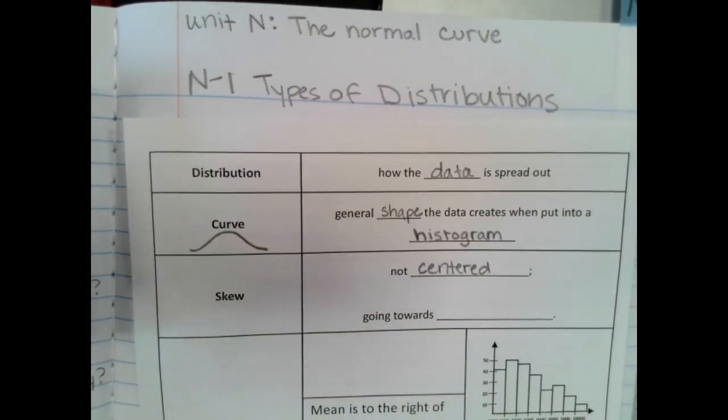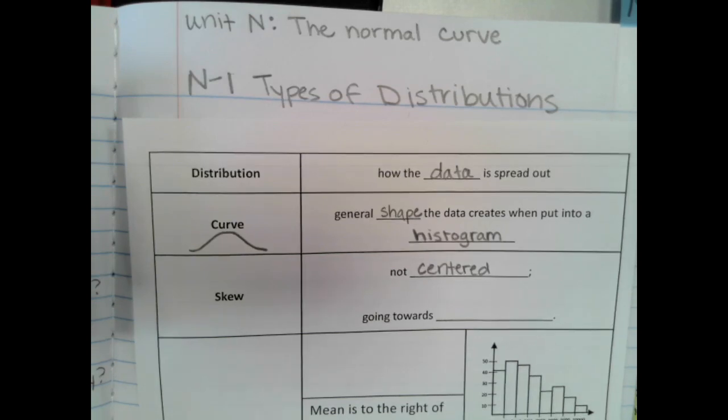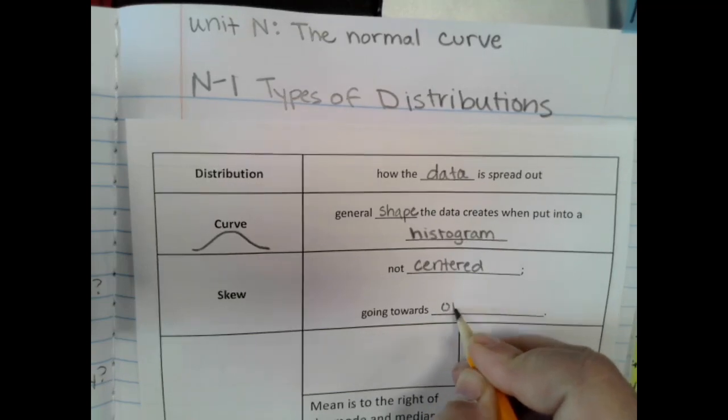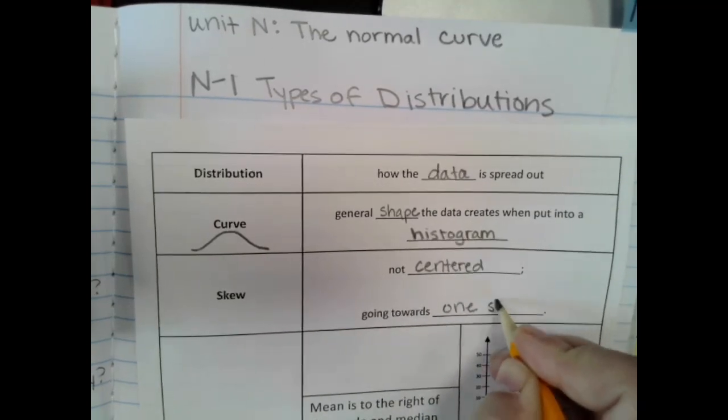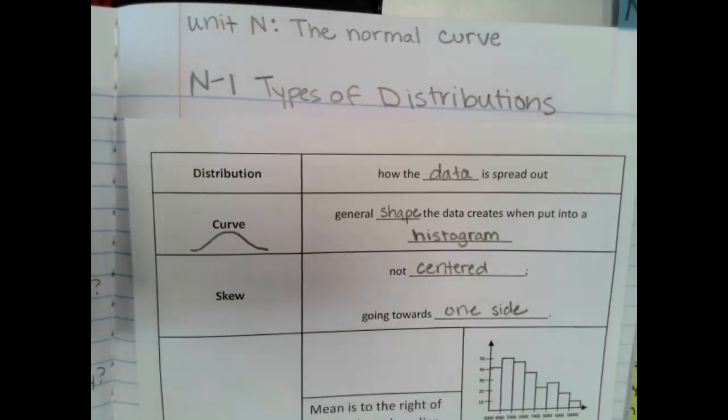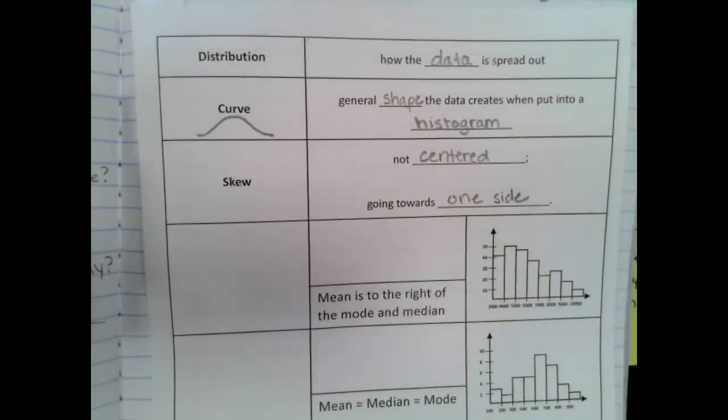It's a little off, or going towards one side. All right, we have 3 different types of skews that we're going to talk about today.